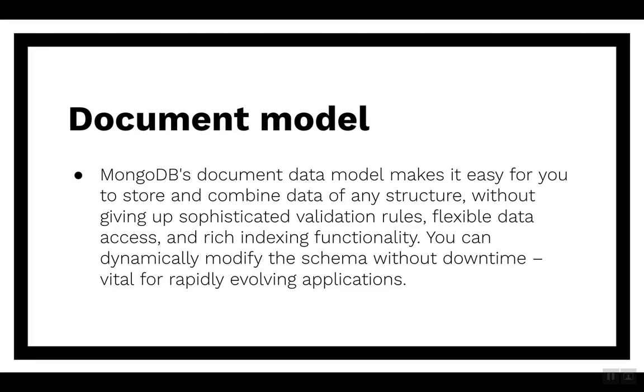It gives you flexibility to select your choices for data modeling based on the application that you're building. You can dynamically modify the schema without downtime, so this is perfectly suitable for rapidly evolving applications. Moving on.